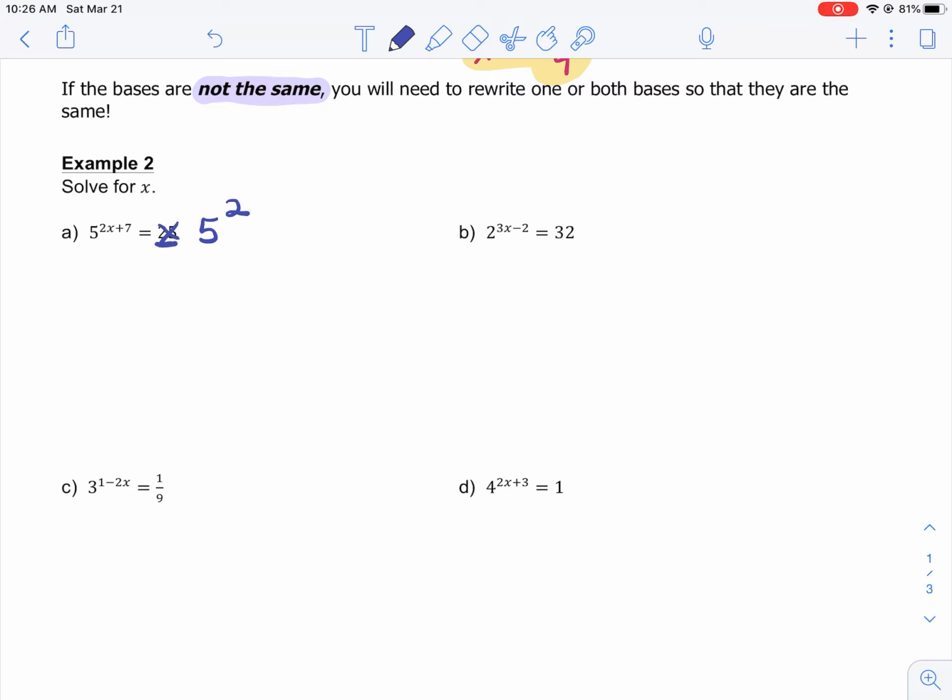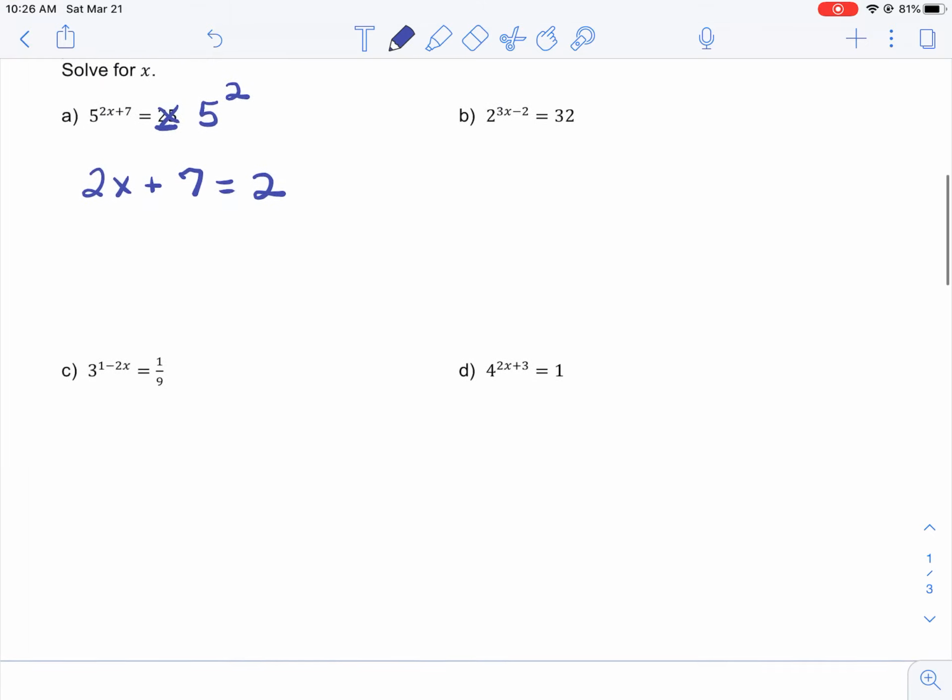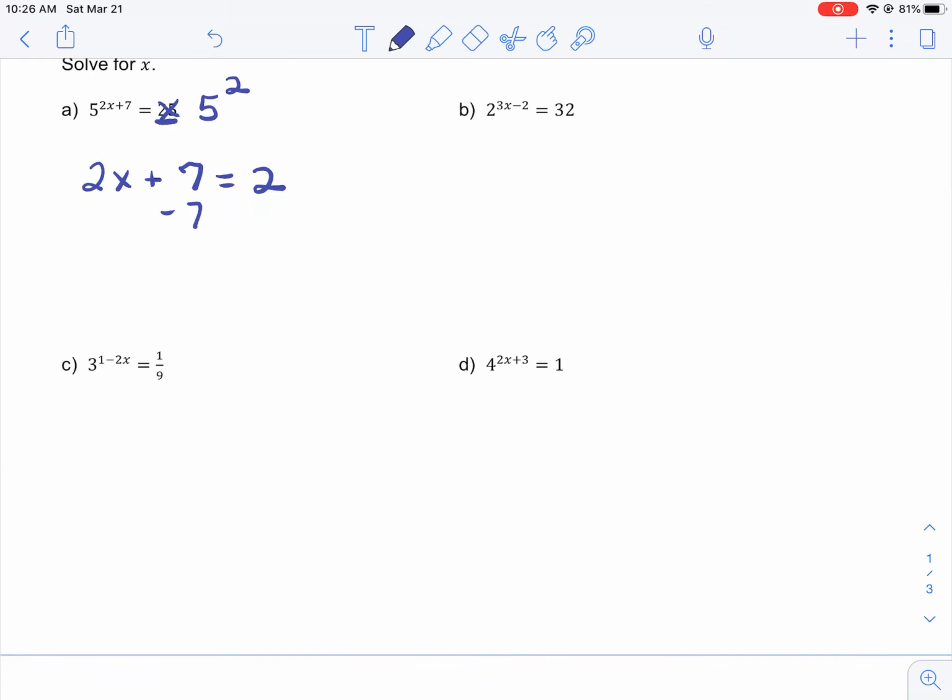Now it's just like example 1. We have two exponential expressions with the same base set equal to each other. Therefore, the exponents, 2x plus 7, must equal 2. From there it becomes just a linear equation. We subtract 7 from both sides. 2x equals negative 5. Divide by 2, and x equals negative 5 halves.